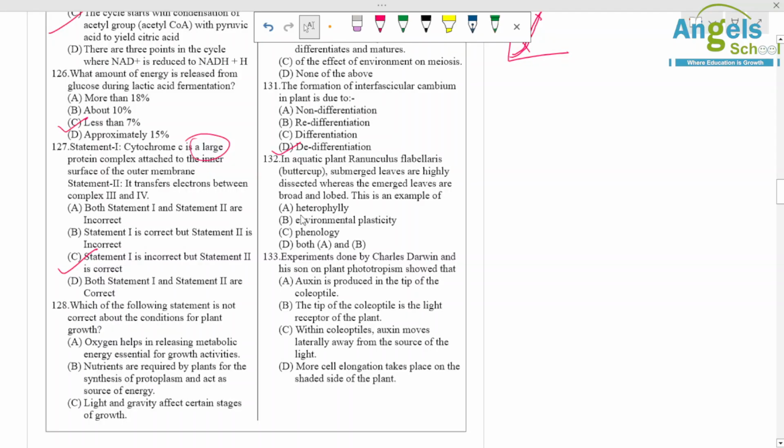This is an example of: option A, heterophylly; environmental plasticity; phenology. So it's an example of heterophylly and environmental plasticity. So option D is correct, both A and B is the answer.